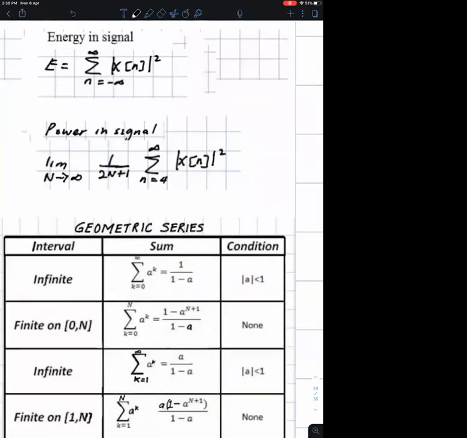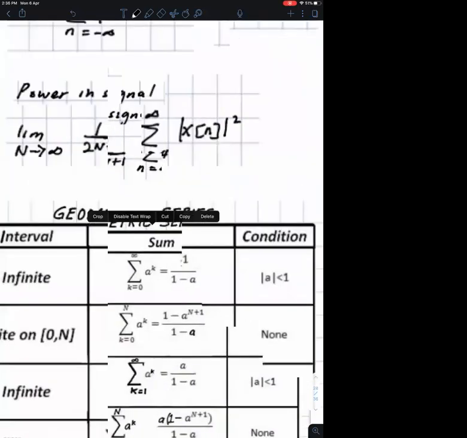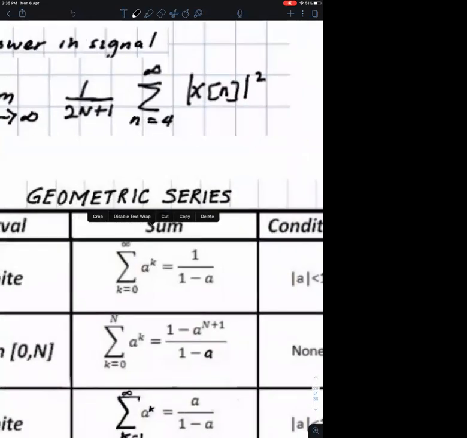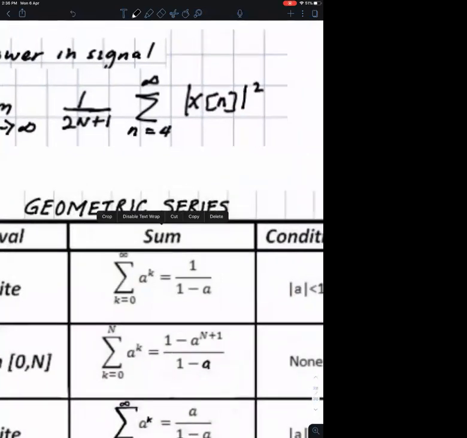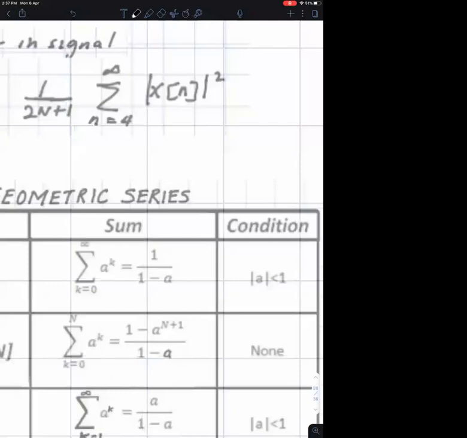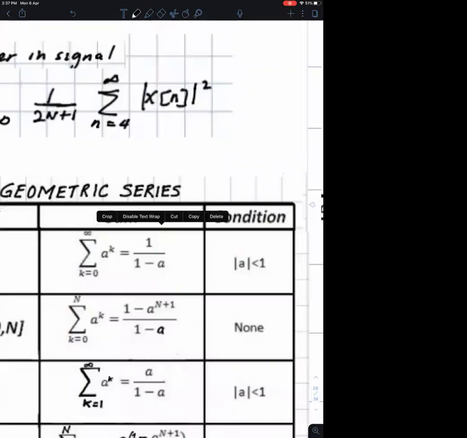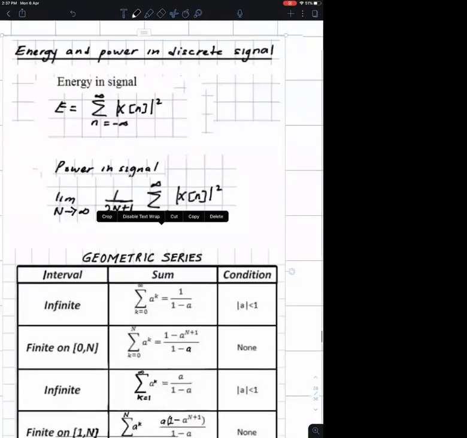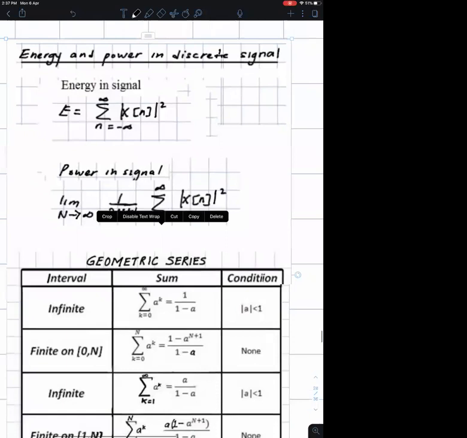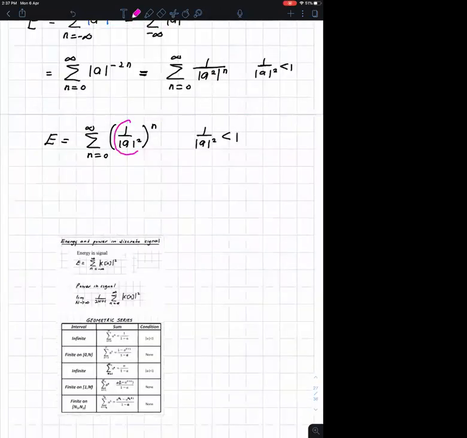The sum of a to the power of k, k going from 0 to infinity. The condition for doing that is that a must be less than 1. So in our problem here, the whole thing here is a.